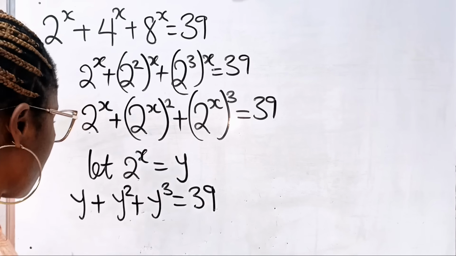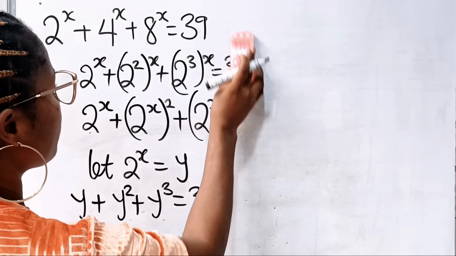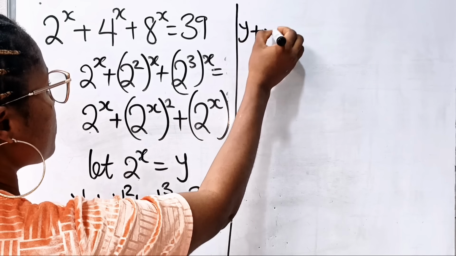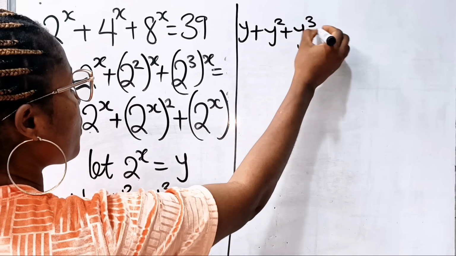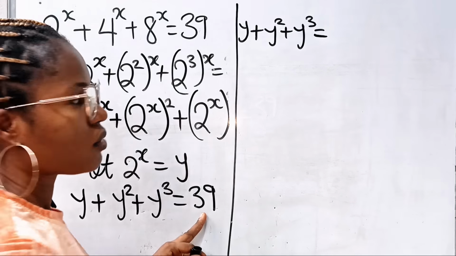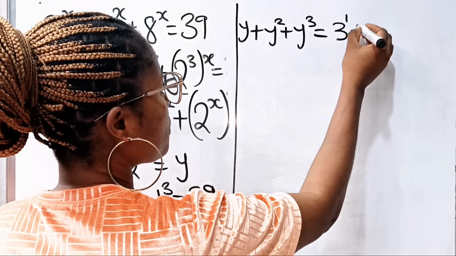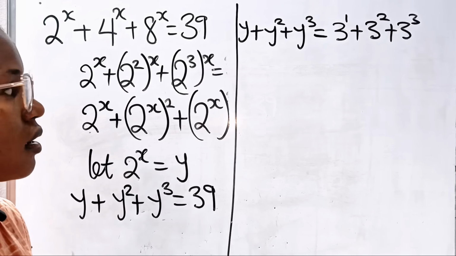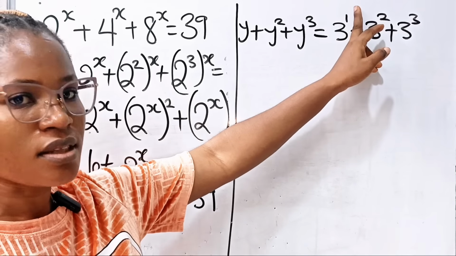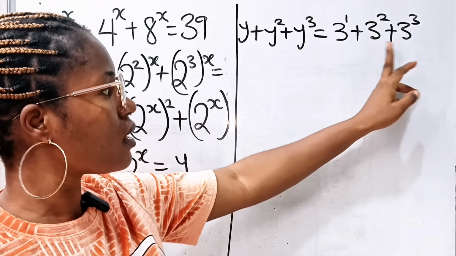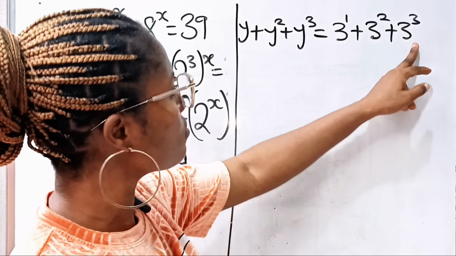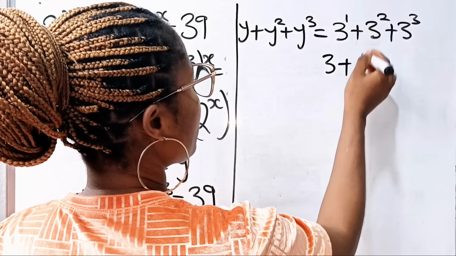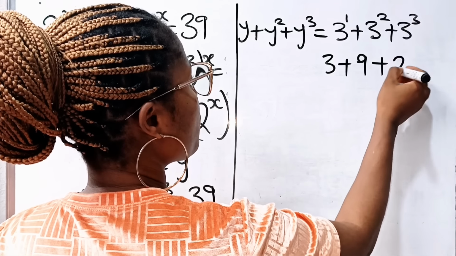Yes, because using 3, we can see that 3 to the power of 1 plus 3 to the power of 2 plus 3 to the power of 3 is 39. 3 to the power of 1 is 3, plus 3 squared is 9, plus 3 to the power of 3 is 27.